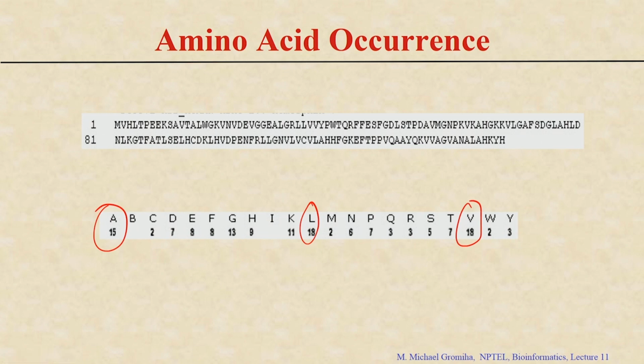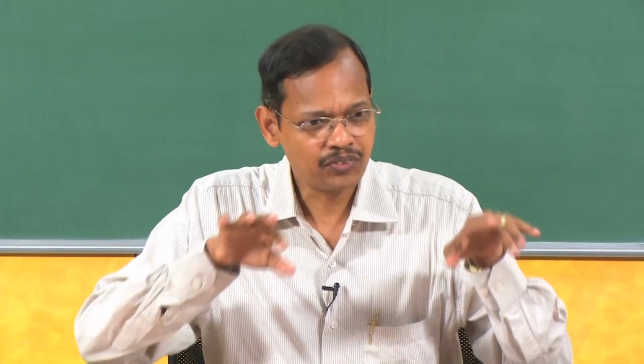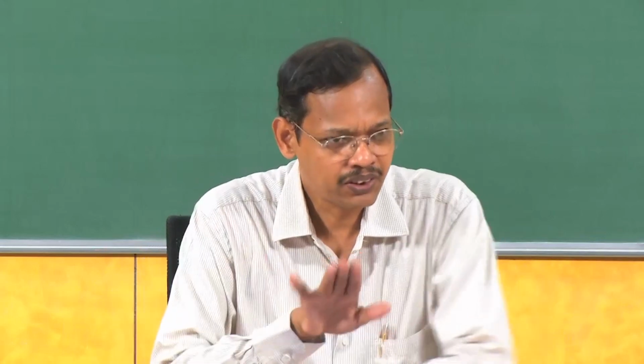These are amino acids which occur very frequently in protein sequences. There are some amino acids which rarely occur. For example, cysteine only 2 times, tryptophan 2 times, and methionine also 2 times. If you consider several sequences, you can see the variation in the patterns. For this particular sequence, mainly the hydrophobic residues alanine, leucine, and valine occur predominantly, 15 times and 18 times in this sequence. You can use this information.